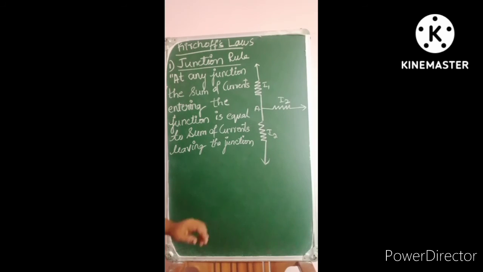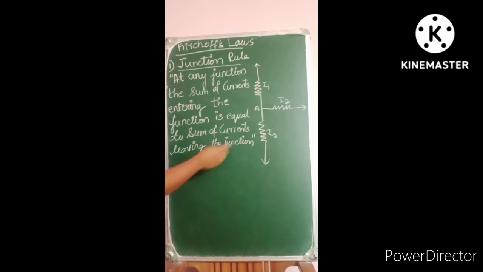It has 3 connections, with currents I1, I2 and I3. The statement of Kirchhoff's junction rule is that at any junction, the sum of currents entering the junction is always equal to the sum of currents leaving the junction. This is the statement of Kirchhoff's current law.